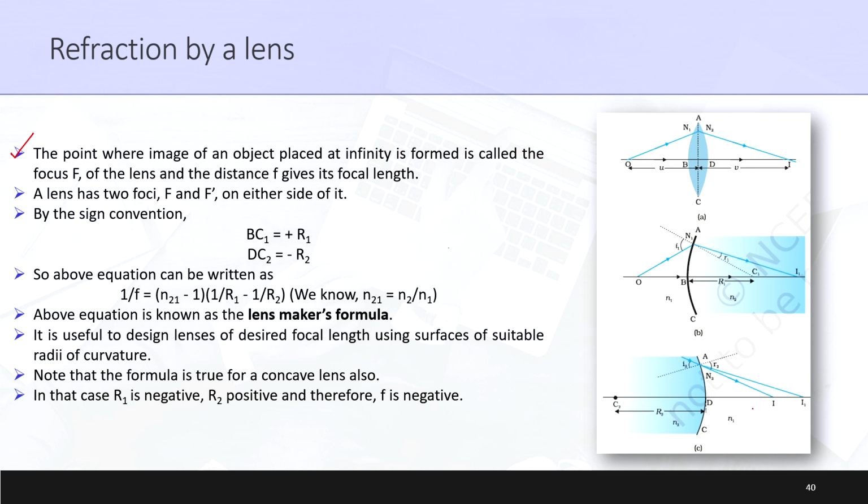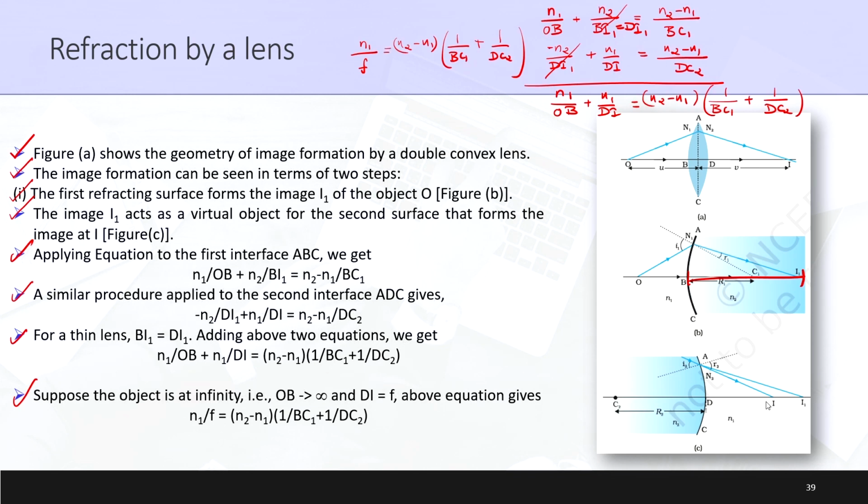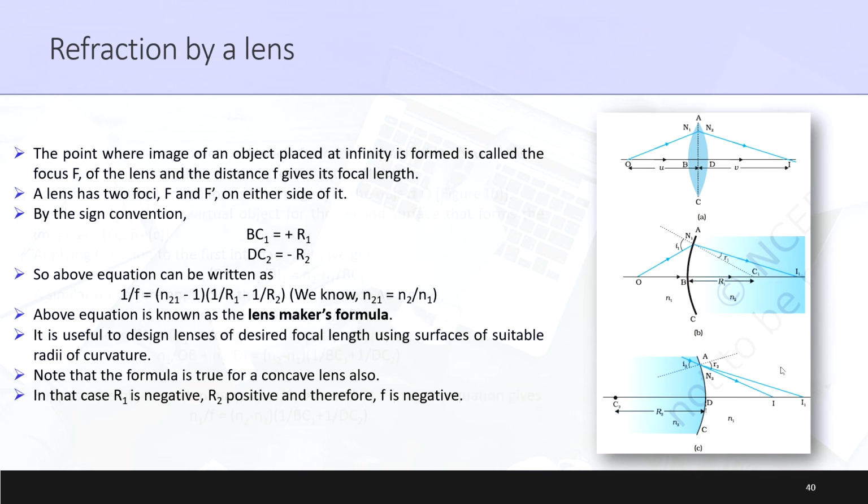Okay. So, now just substituting into the equations here. Let me first of all write the equation again. So, it is n1 by f is equal to n2 minus n1 into 1 by BC1 plus 1 by DC2.